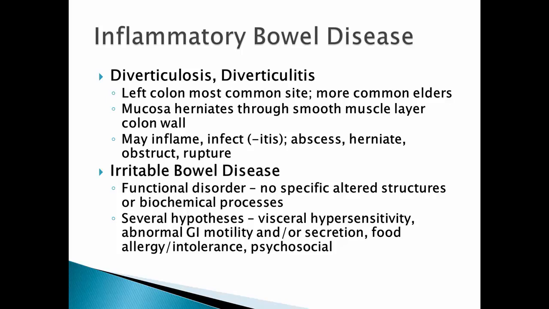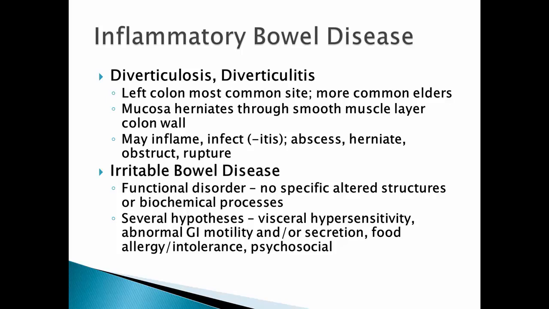What happens in diverticulosis is the mucosa actually herniates through the smooth muscle layer of the colon wall. So these are sac-like herniations. And some of these herniations are thought to be due to a decrease in the amount of fiber in the diet.